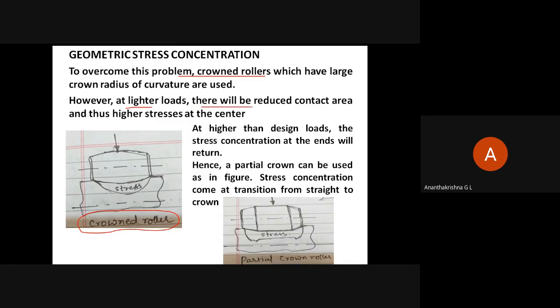So even after making the crown roller, what was the problem? Contact surface, sir. Contact of the roller is stress induced. Okay. Dhanush, reduce the stress because of lighter loads.